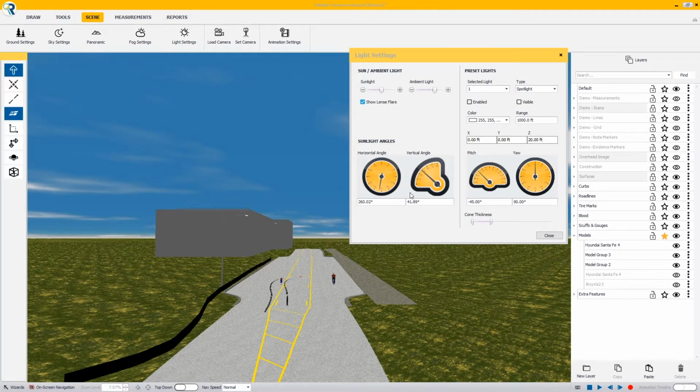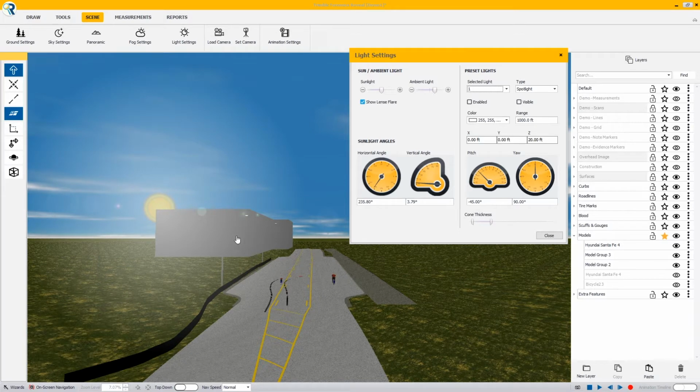And here we have our horizontal and vertical angle. Now, I got my horizontal azimuth and my elevation from the National Oceanographic and Atmospheric Administration, or NOAA. However, you can also get this from the U.S. Naval Observatory. But it gave me a horizontal angle of 235.8 degrees and a vertical angle of 3.79 degrees.